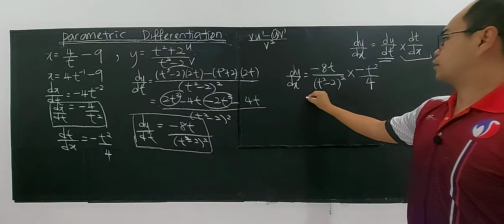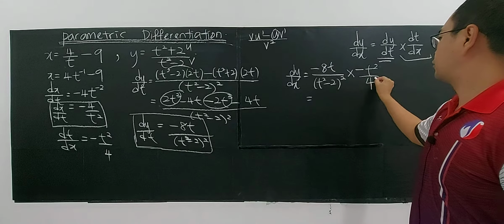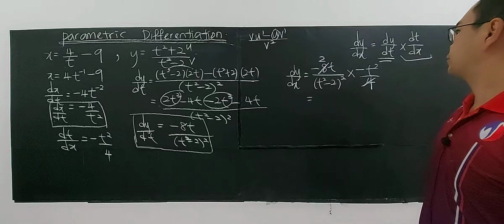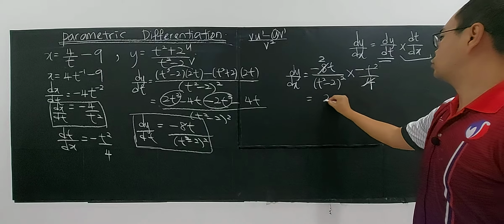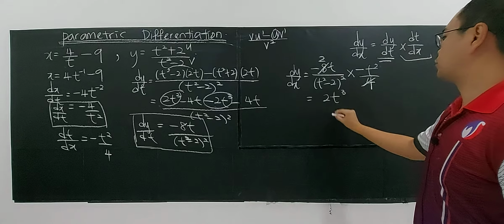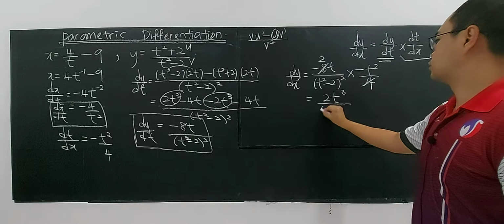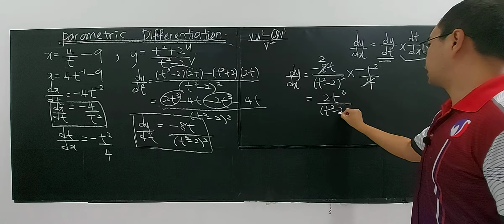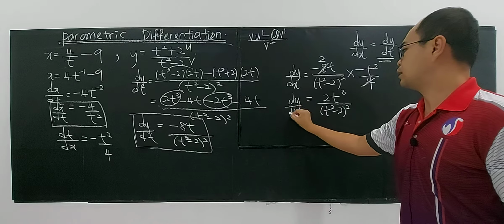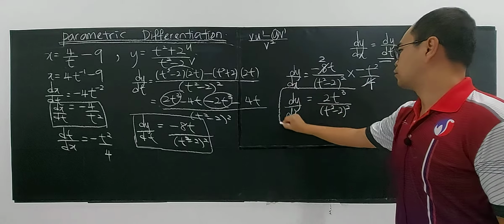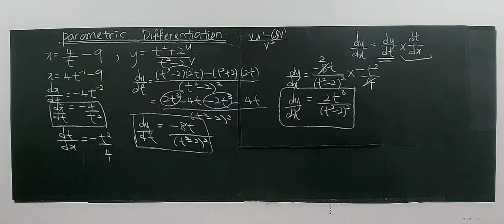So for now I have positive 2t to the power of 3 over (t squared minus 2) to the power of 2. So this will be your dy/dx for this parametric equation.